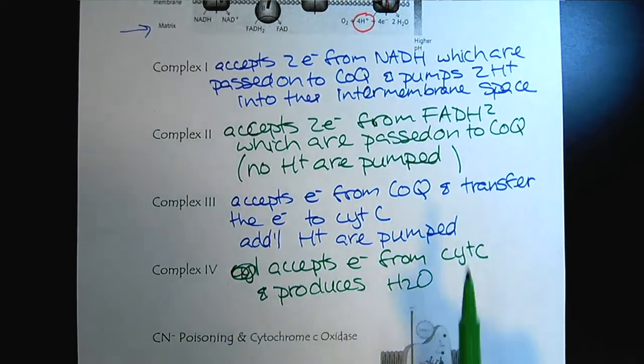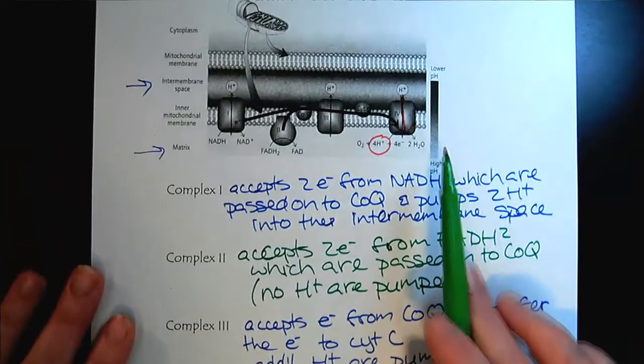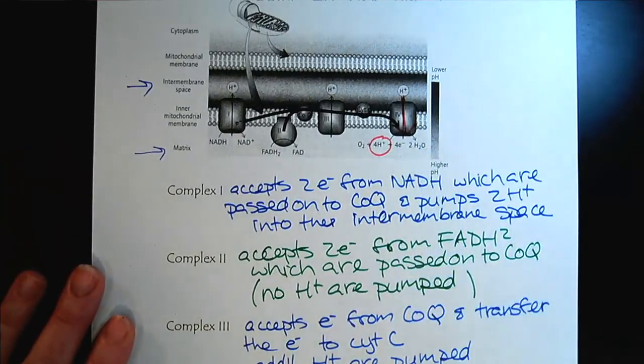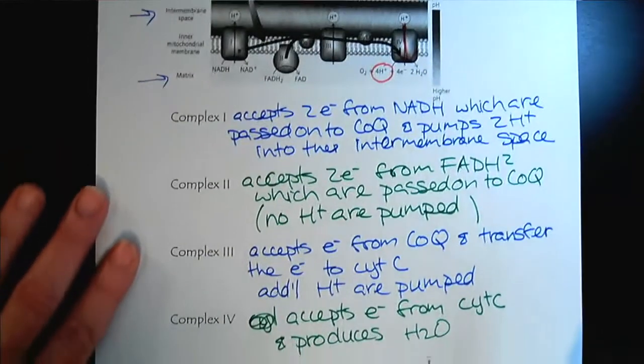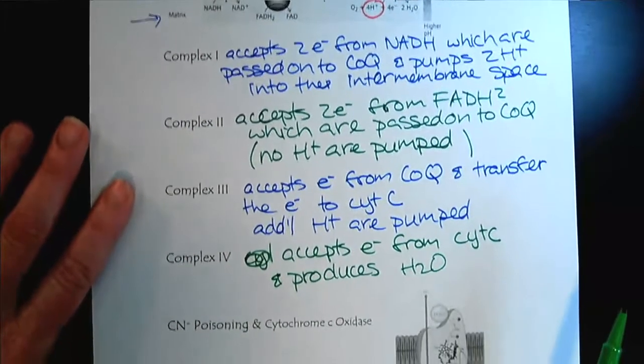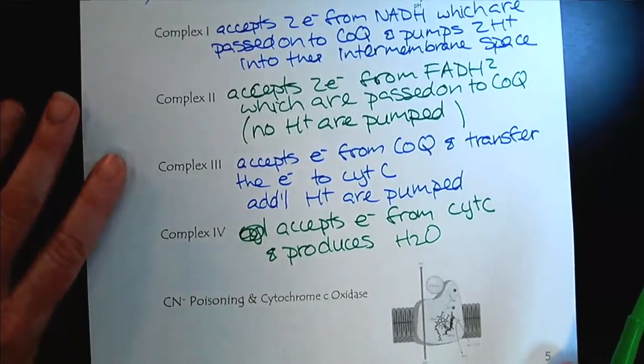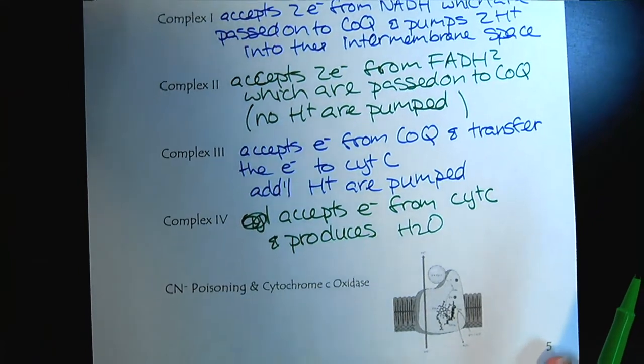The reaction is shown right here. So we've pretty much covered the main elements of the electron transport chain.